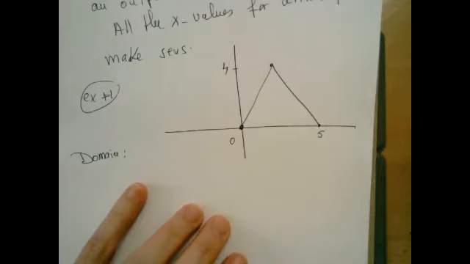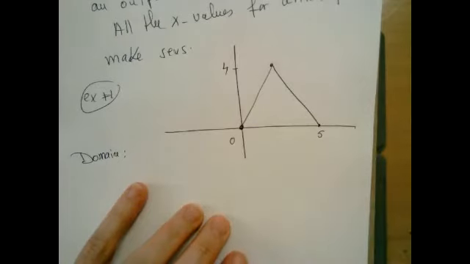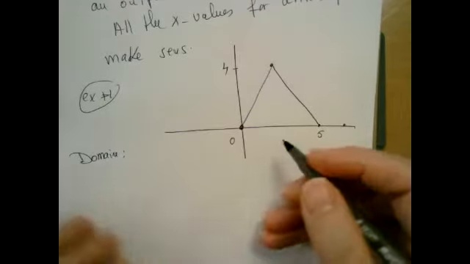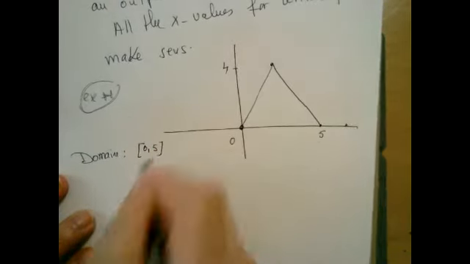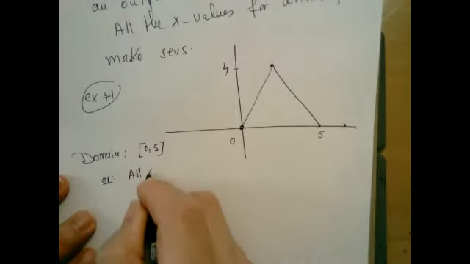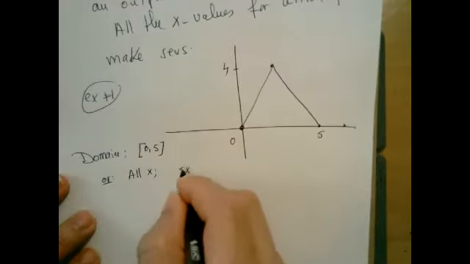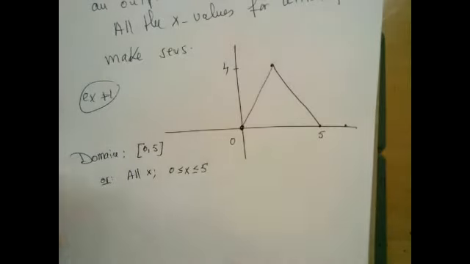All the inputs that yield an output. So which input yields an output? According to my graph, if I give you 6, there is no output because there is no graph for 6. So the domain in this simple problem is the closed interval 0, 5. Or you can write all the values of x such that x is between 0 and 5, 0 included and 5 included. So if the function is given graphically, you just look at the graph and ask which inputs have an output. As simple as that.